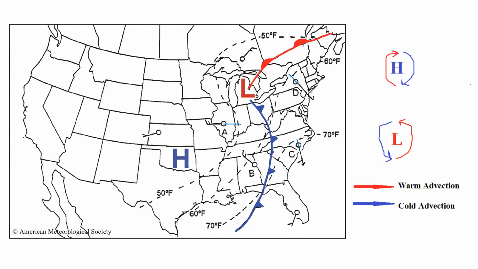Now, if we look at station D, station D is in a location that's just a little away from the 60-degree isotherm, but the arrow's pointing down towards the 70-degree isotherm. So at station D, this barb is pointing towards warmer air. That means that the wind is blowing from a warmer air mass.